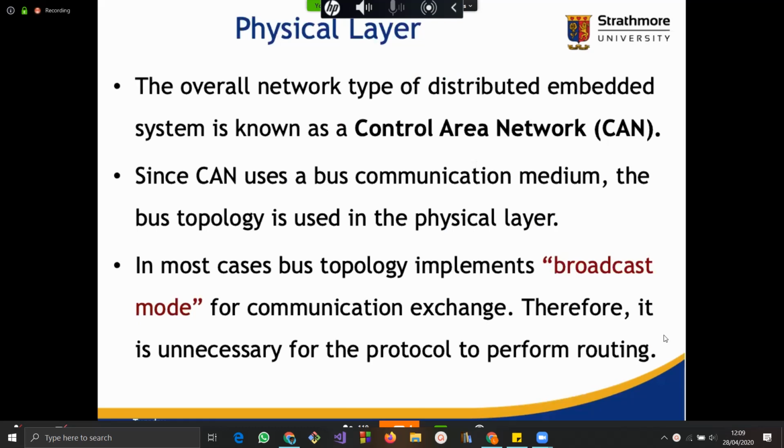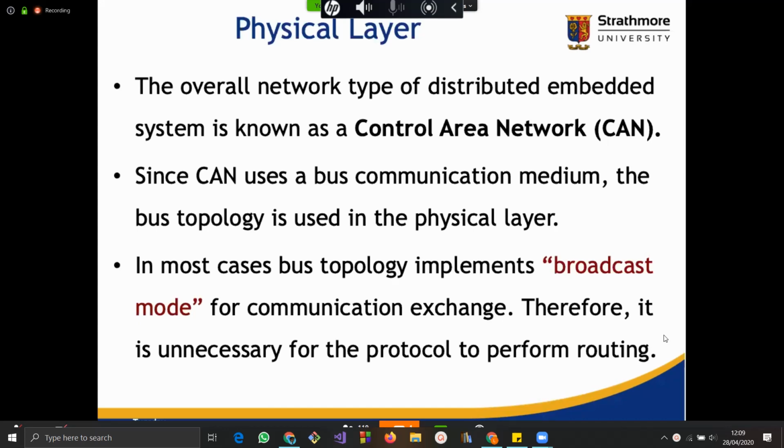It takes care of the control area network. This is, for example, the bus. That connection is called a control area network. The messaging that is implemented is broadcasting. This is the form of exchange that is executed in a bus, so there is no need to perform routing.